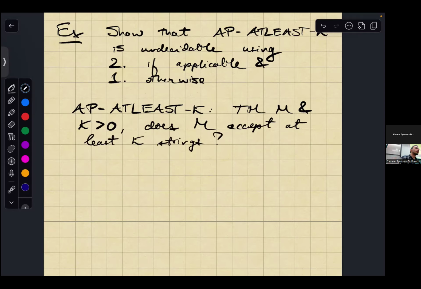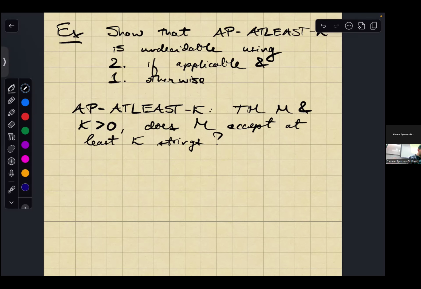Intuitively, this is undecidable because the acceptance problem is for 1 string and it's already undecidable. Checking for at least K strings is already kind of harder than at least 1, intuitively. So that's kind of why it's undecidable.